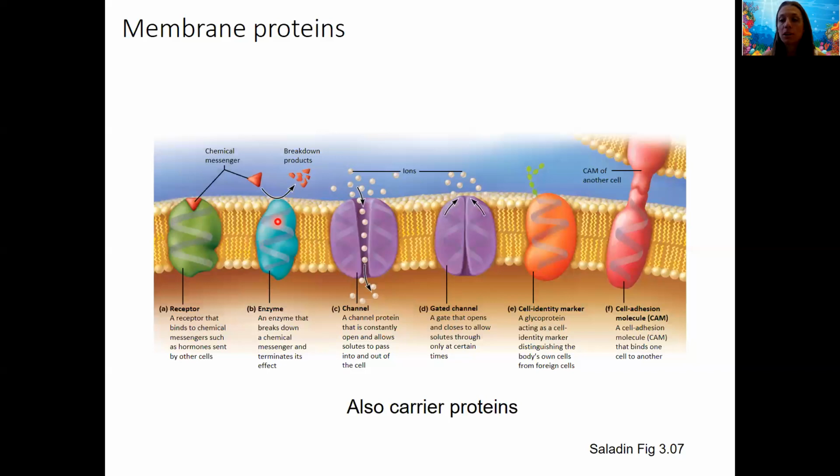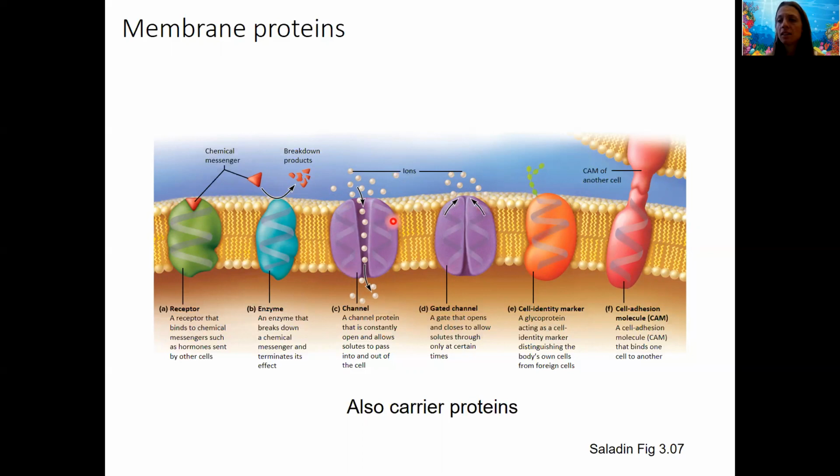Enzymes, so you know what enzymes are. Enzymes can be within the membrane, and it's a way to break down products right here in the membrane. Channels, there are two types of channels here. These purple ones are both channels, meaning something goes through them, just like a channel for water. Some channels are always open. These are called leak channels.